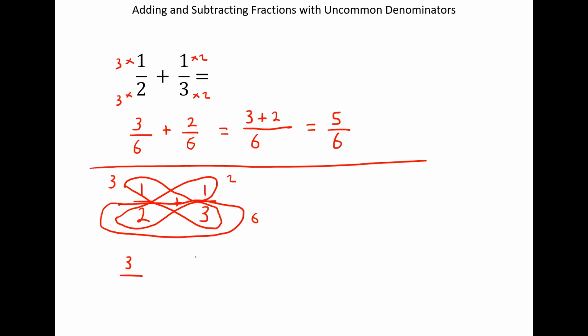My top number here is 2, and the bottom number is 6. So it is all over 6. So I end up having 3 over 6 plus 2 over 6 with this method. And now I can simply keep the bottom number the same again. Add the 3 and the 2 together. I have 3 plus 2 divided by 6, which would be 5 over 6.